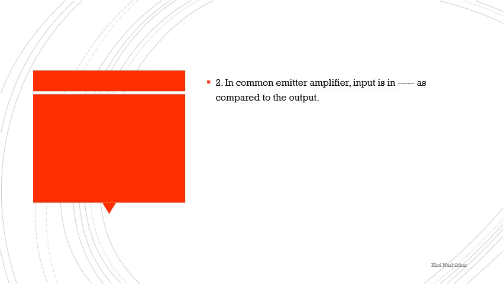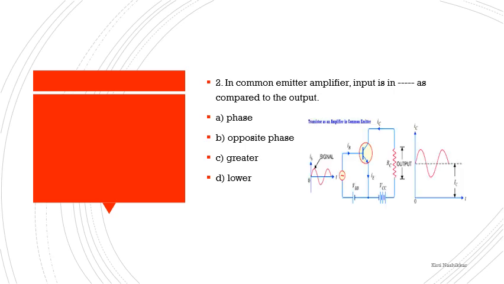Then, in a common emitter amplifier, the input is in dash as compared to the output. So we are discussing the common emitter configuration, and we know that here the emitter is made common, and this is how the circuit of common emitter looks. And whatever input signal we give to this configuration, at the output we will get its amplified signal, but in opposite phase.